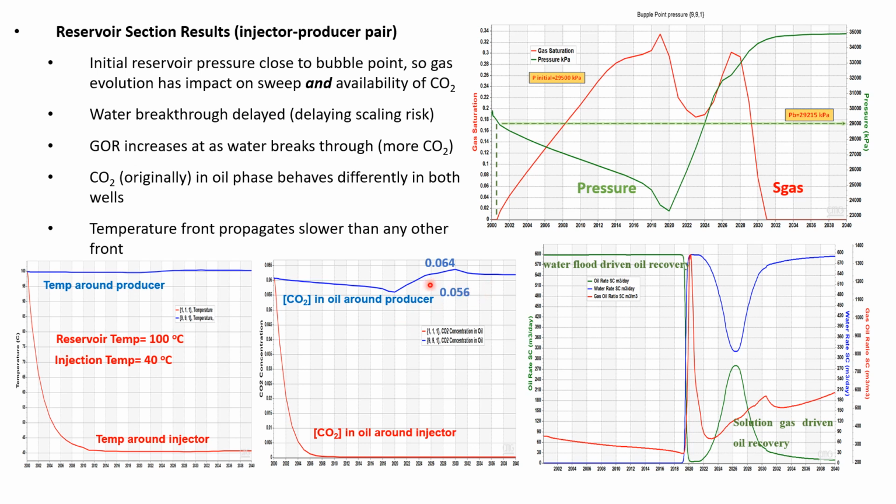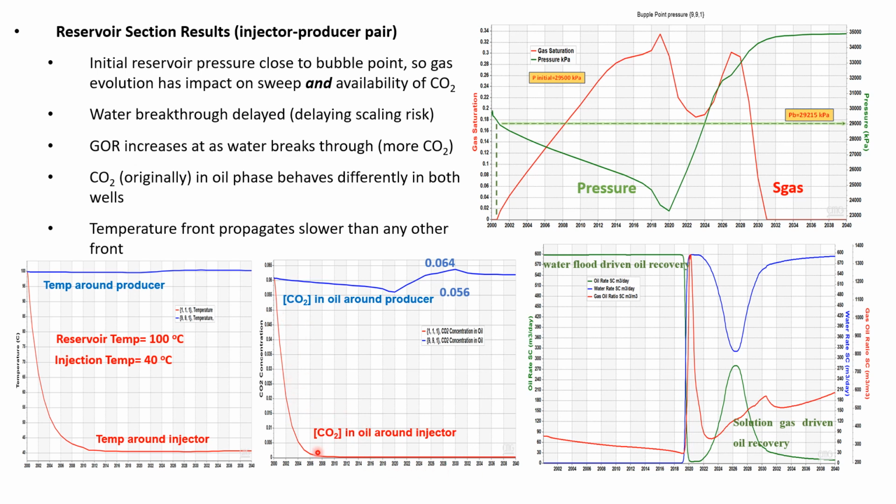While around the injector well, we can see a drop in the CO2 concentration, because the CO2 partitions from the oil around the injection well into the injection water. So we see the drop in CO2 concentration in oil around the injector.